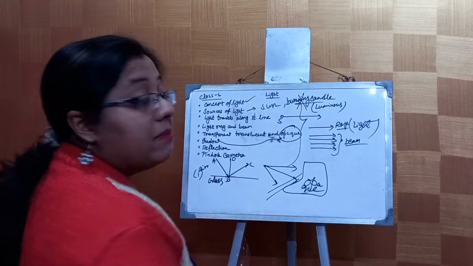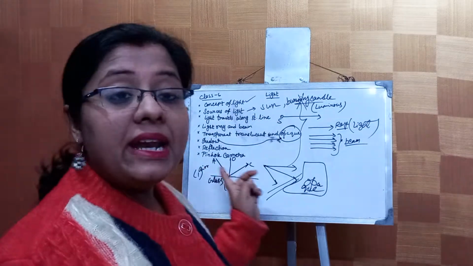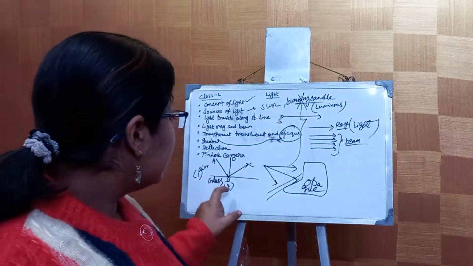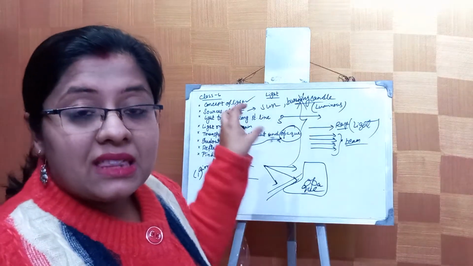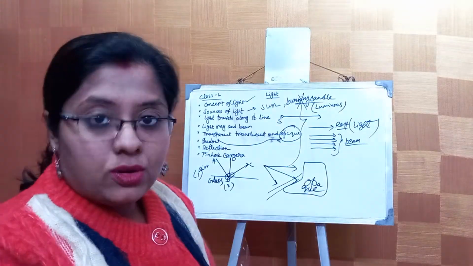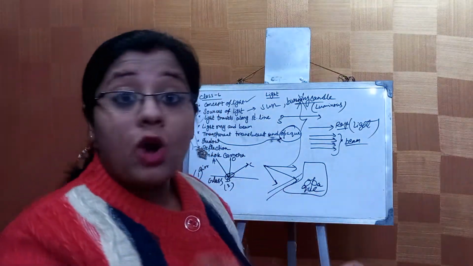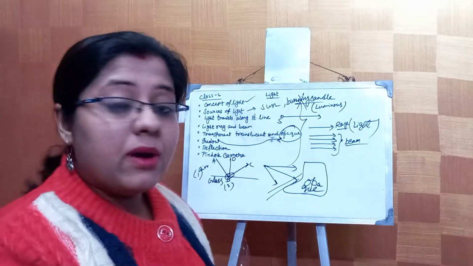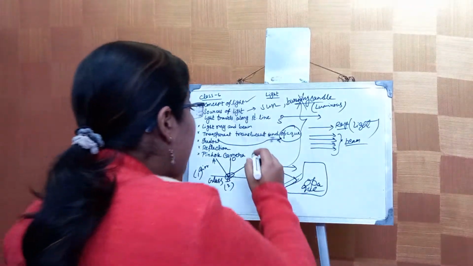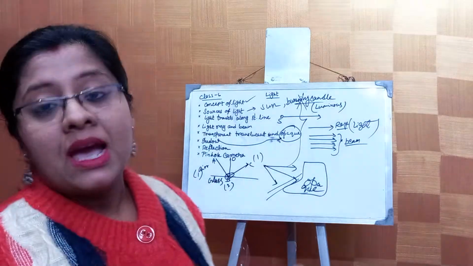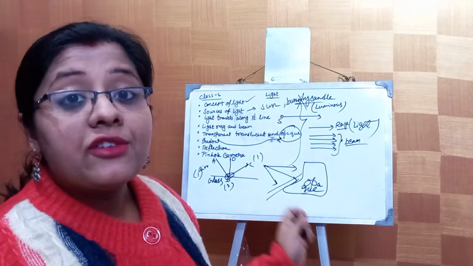Now it is my medium 1, medium 2. From medium 1, the light rays are coming, and here at the point B, the light rays directly fall. And then what will happen? Some of the rays, not all, will bounce back again to the first medium. This phenomenon of light is called reflection.